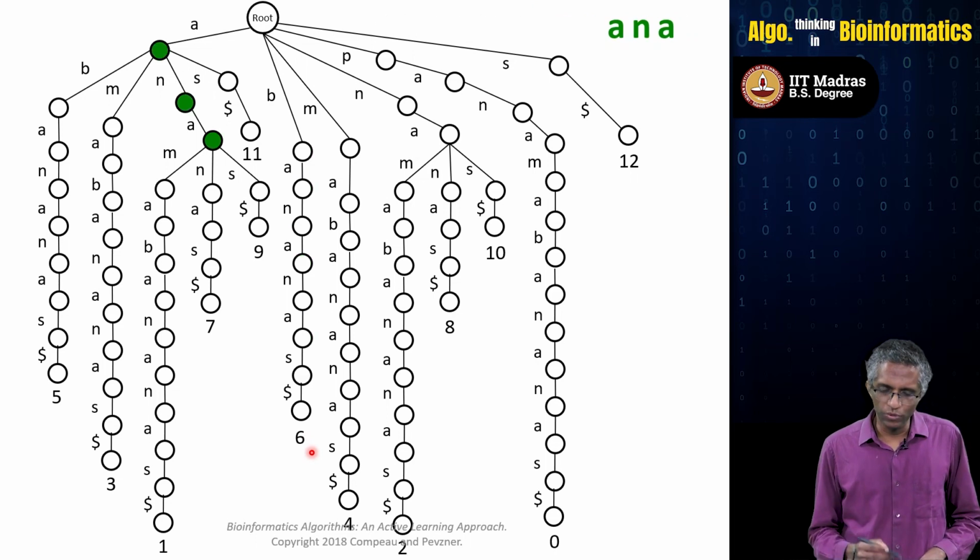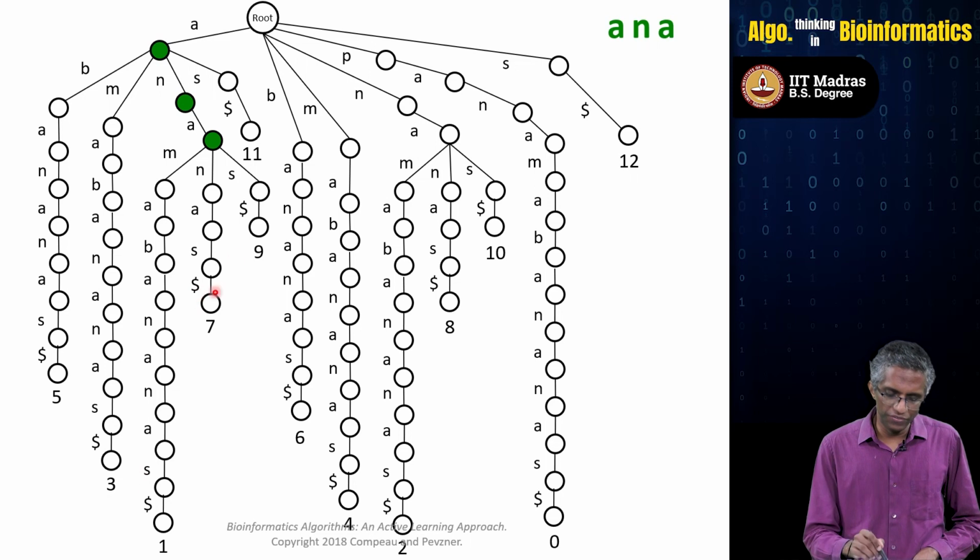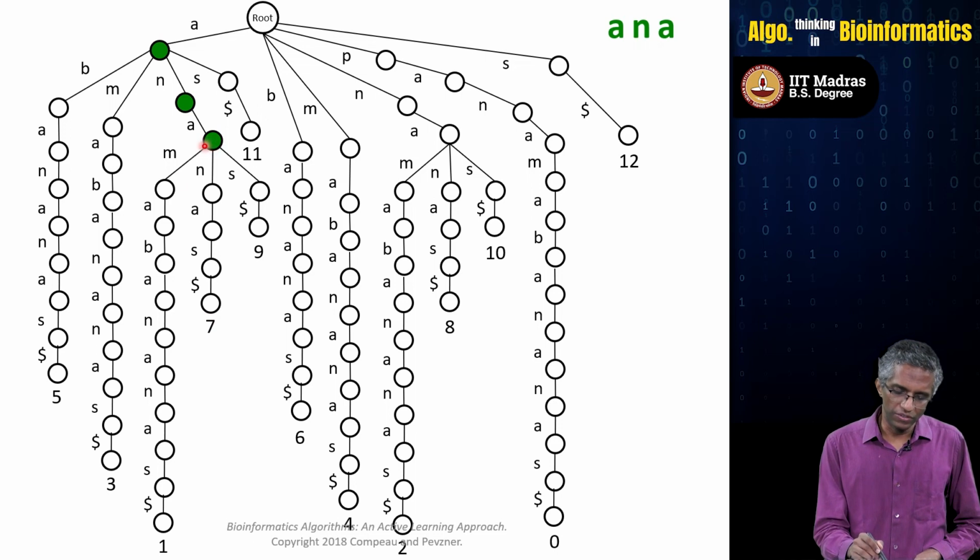This is a bit more interesting example, ANA, because this ANA is going to occur at multiple positions in the genome, and this data structure will capture all those positions. ANA will stop here, and then there is a subtree here, and this subtree has 3 different leaves. So you can do a depth first search, a traversal, and go down this branch and you will see that it is dollar.